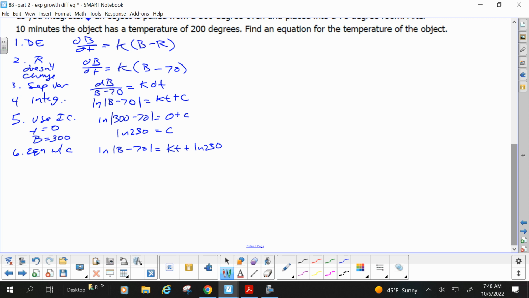Now, we could use the second condition, plug in the next condition to find K. We know that at time 10, the temperature is 200. Log of 200 minus 70 equals 10K plus log of 230.